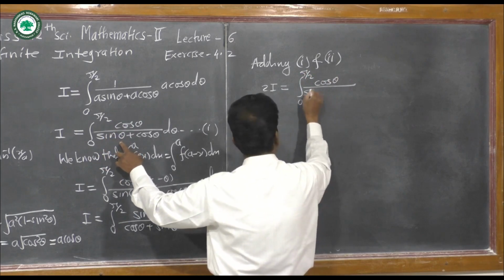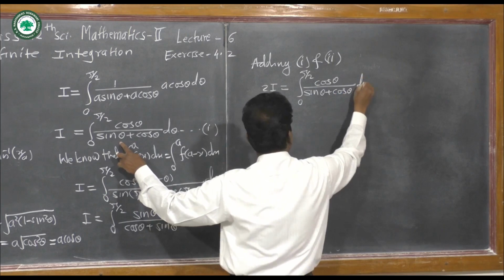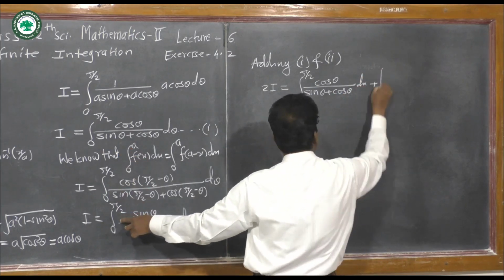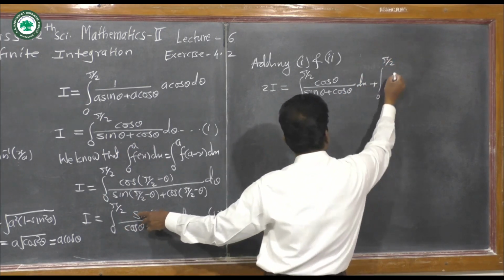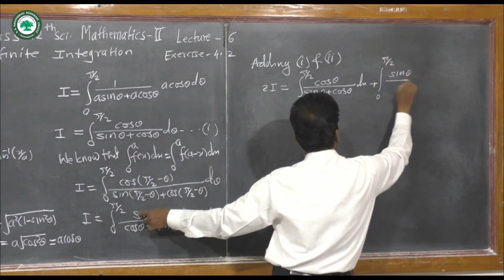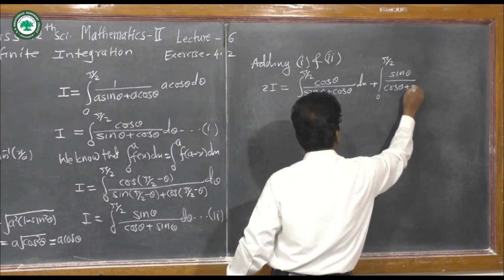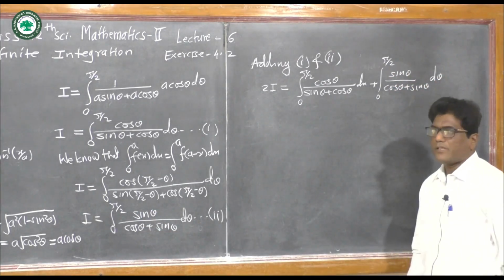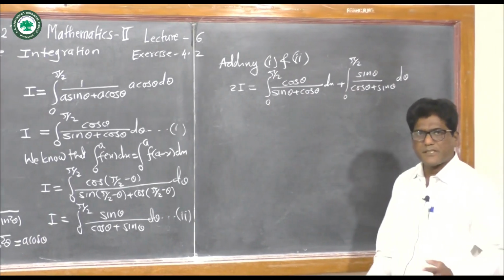sin theta plus cos theta, d theta, plus the right hand side of equation second, that is integration 0 to pi by 2, here sin theta upon cos theta plus sin theta, d theta. Now here integration 0 to pi by 2, here also 0 to pi by 2, take integration common.